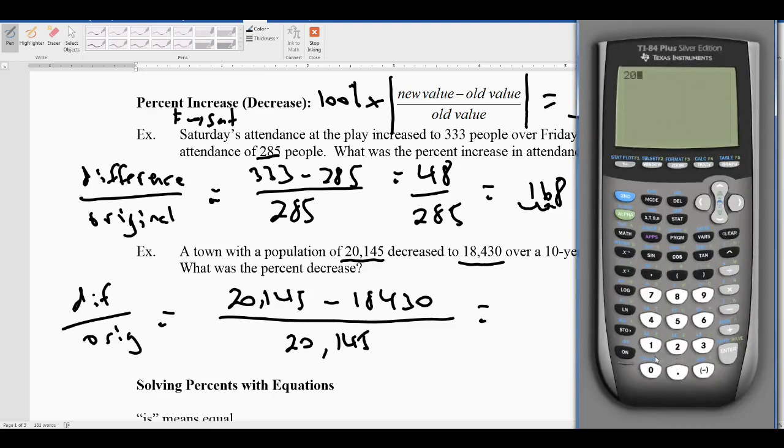So we got 20,145 minus 18,430. We get 1715. That was a good year. I remember that year. And divide that by 20,145.